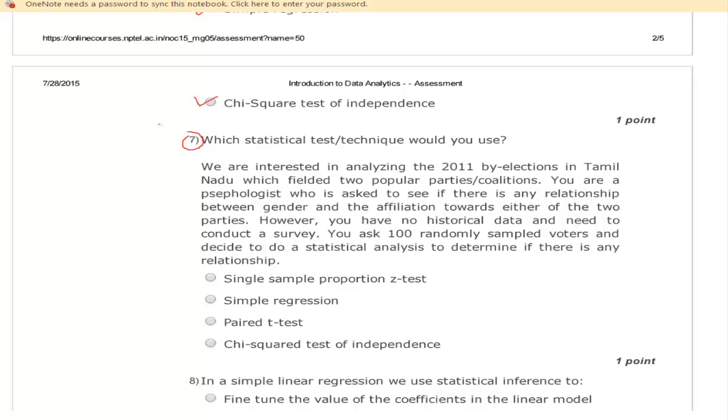The pair t-test would be one where you have two data sets that represent the same output variable, but data set 1 and data set 2 are for different inputs.